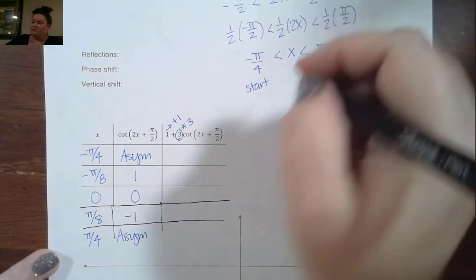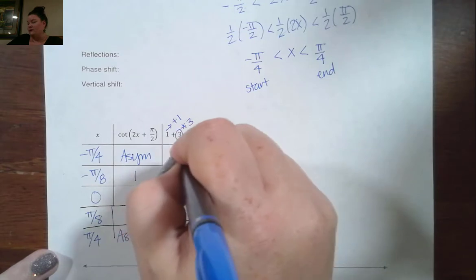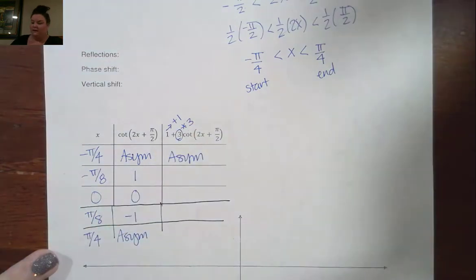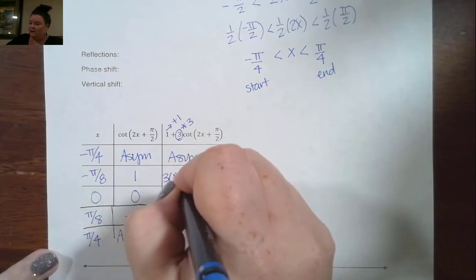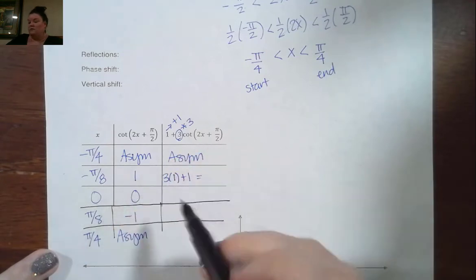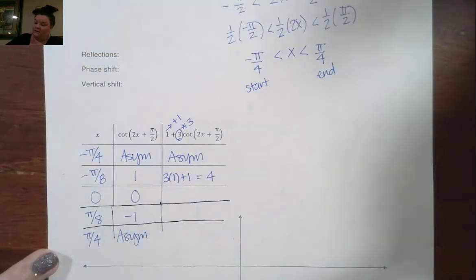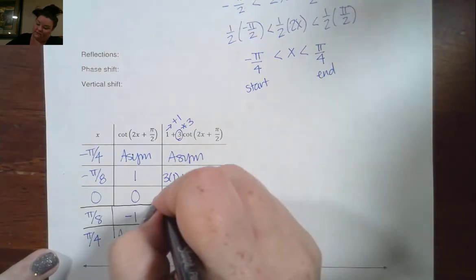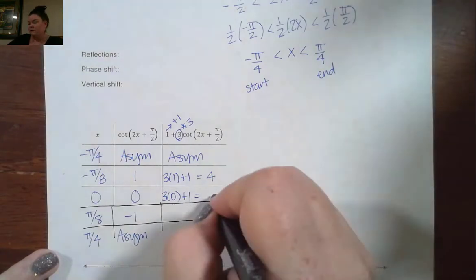So on the first one, this is still going to be an asymptote. On the next one, we're going to do 3 times 1 and then add 1. So 3 times 1 is 3 plus 1 is 4. On the next one, we're going to do 3 times 0 plus 1. 3 times 0 is 0 plus 1 is 1.